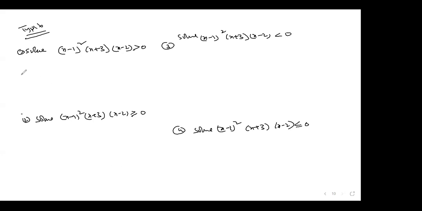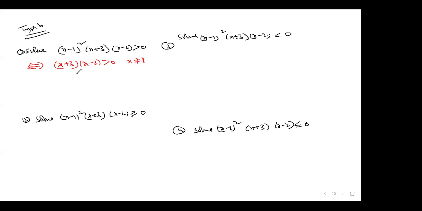Do you know what exactly you are supposed to do here? The square quantity we should not plot on the number line. You have to write x plus 3, x minus 2 greater than 0. But remember, we are keeping this point in mind: it should not be equal to 1. Why? If it is 1, 0 greater than 0 is not possible.